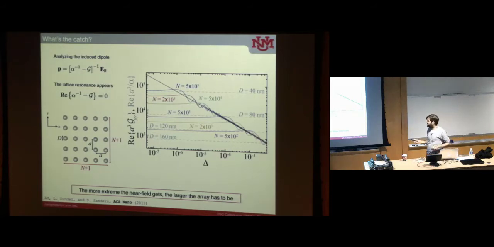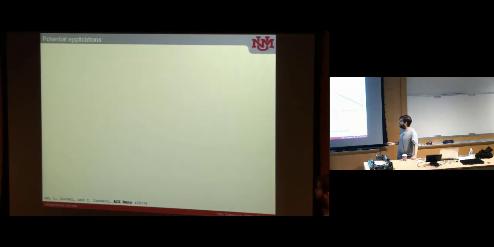But then you are going to be limited by how many particles you can put in your array, and how many of them are actually interacting coherently. If you have defects, if your particles are not all equal, or the distances are not equal, effectively you are going to be decreasing the number of particles that help you. But this is telling you what the limit is. The limit is essentially how many particles you can put in an ordered array. The more you can add, the stronger the field that you can reach.